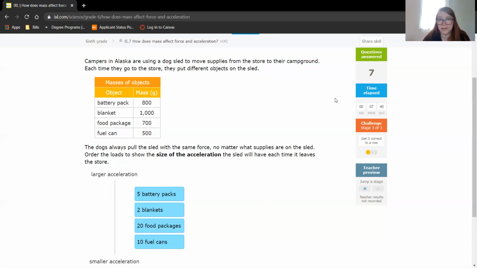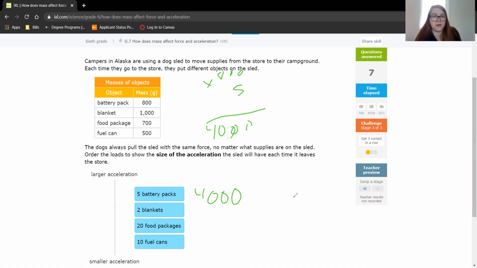So we have 5 times battery packs are 800. 8 times 5 is 40. So that's 4,000. Blankets are 1,000. That's 2,000.